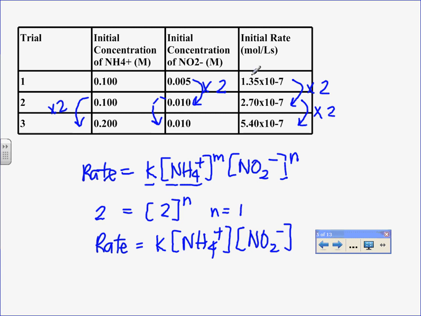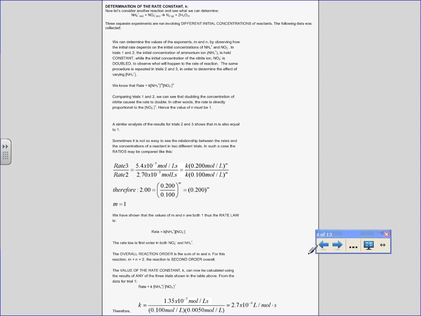In this case, we take our data from trial 1 and sub that into the rate law. So we know the rate, we know the concentration of NH4+, we know the concentration of NO2-. We can simply rearrange this equation in order to solve for K, the rate constant. And the rate constant here is 2.7 times 10 to the negative 4. Okay, I'll talk in a moment about how to determine the units for this.